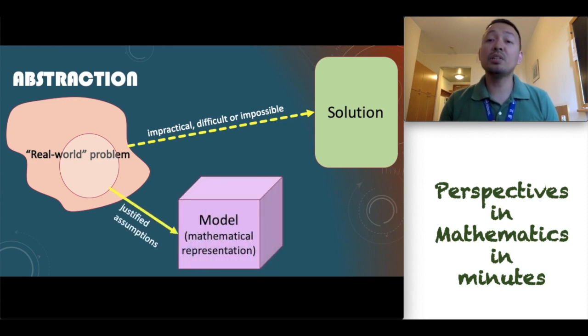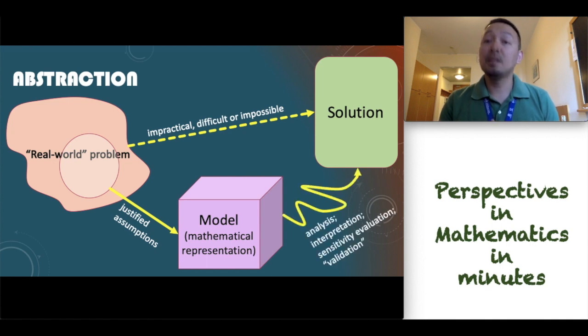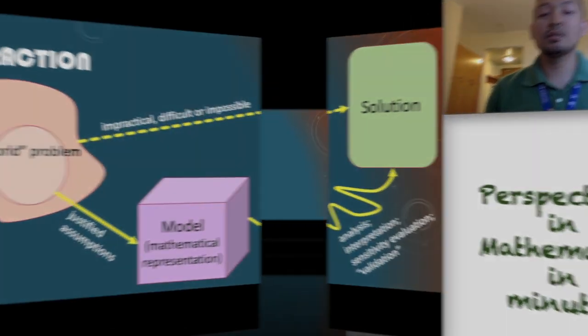Then, based on our justified assumptions, we can have a model, and this model is the mathematical representation of that portion of the problem. And from here, we can probably derive a solution. But the route to this solution is not that easy. We need to do analysis, interpretation, sensitivity, evaluation, and validation of our results.